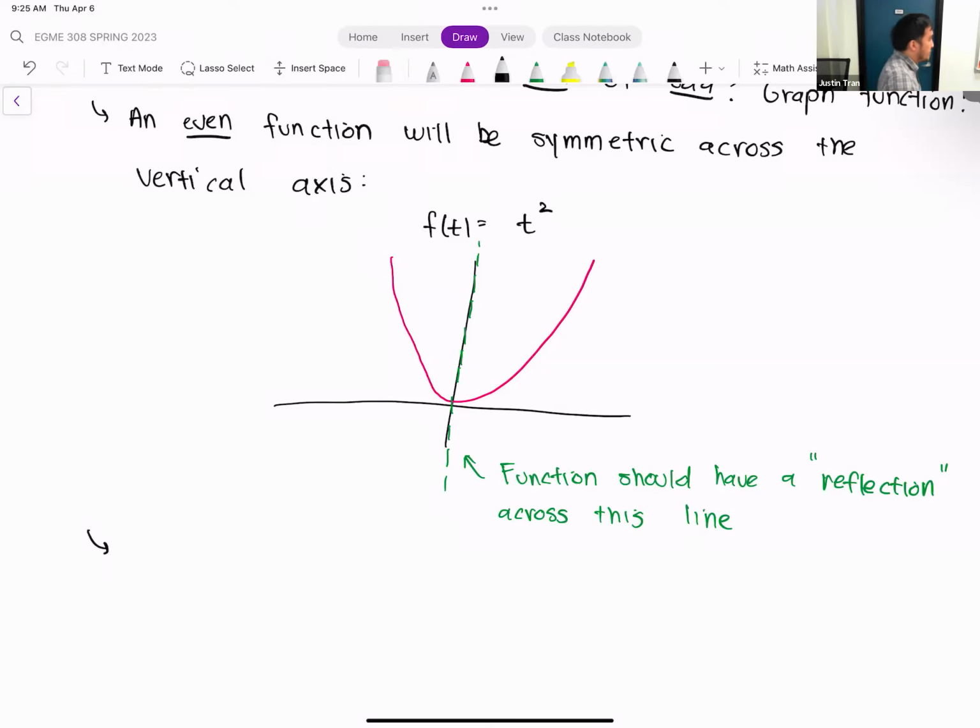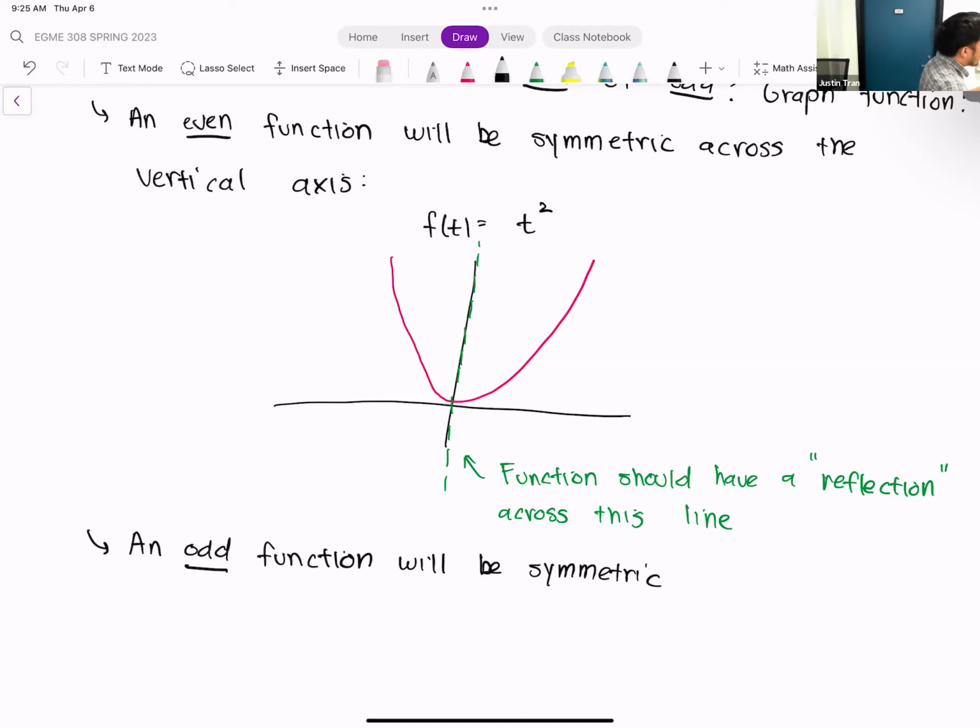So that's how you can tell a function is even. You look at the vertical axis and you try to see if it's reflective across that axis, symmetric. An odd function is a little bit more difficult to draw. But there is a line of symmetry for an odd function.